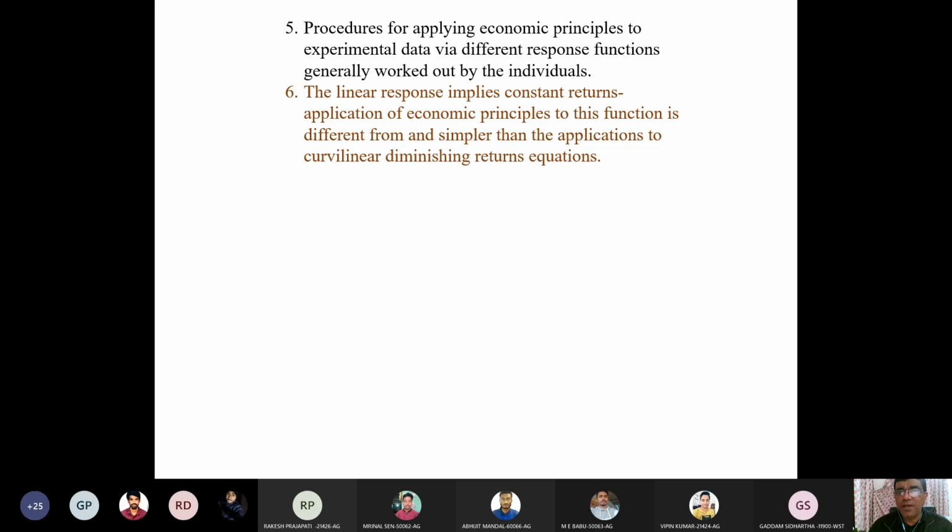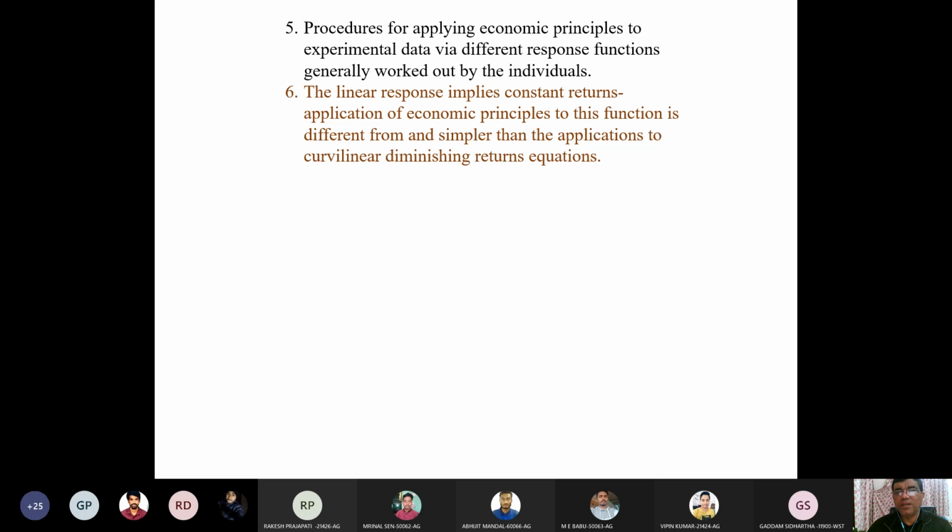Procedures for applying economic principles to experimental data via different response functions are generally worked out by individuals. You can see the physical relationship between input and output, or if one is interested, you can go for the economic relationship also.